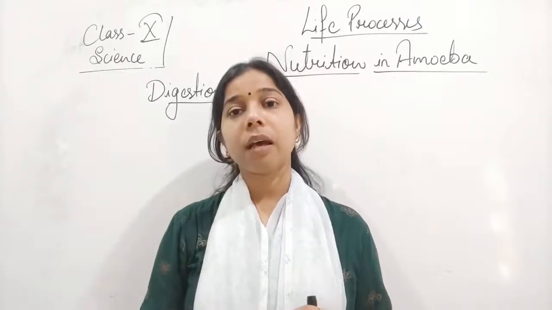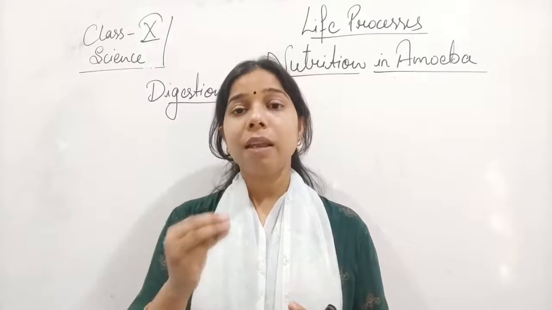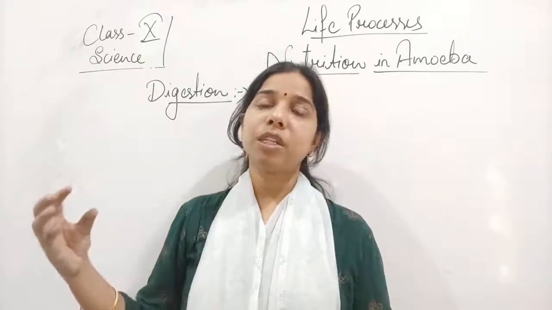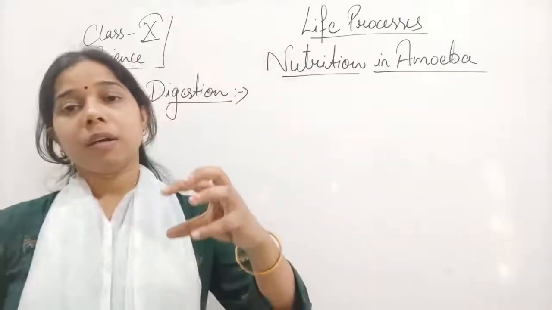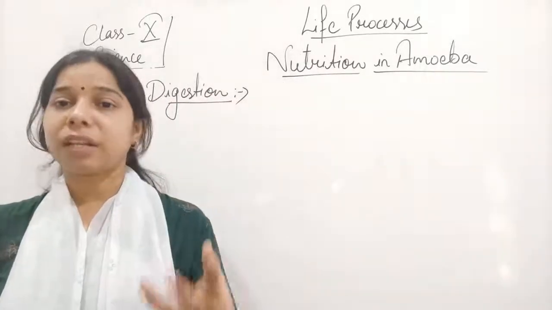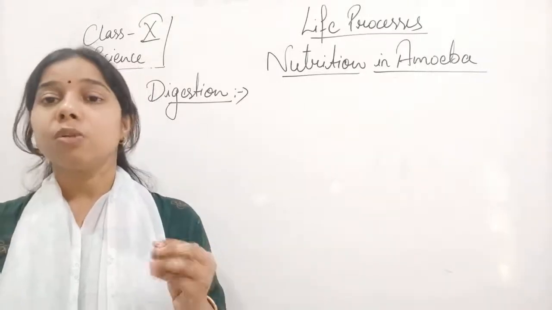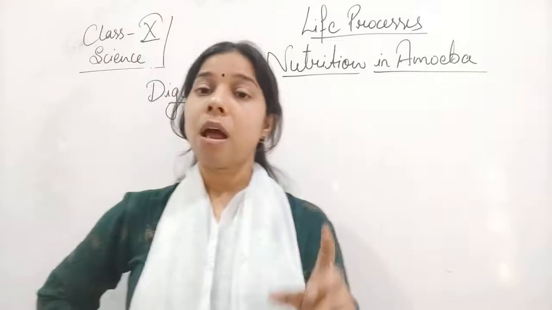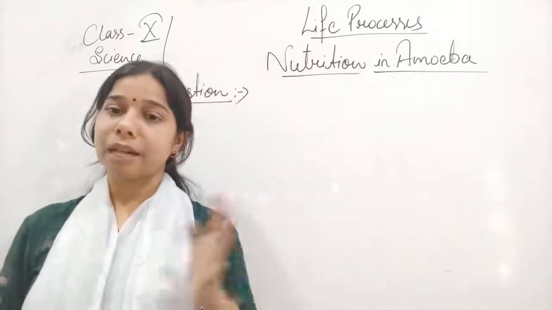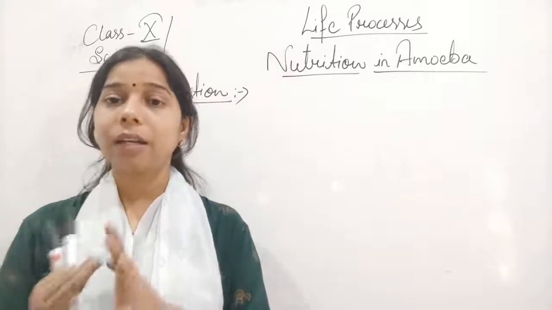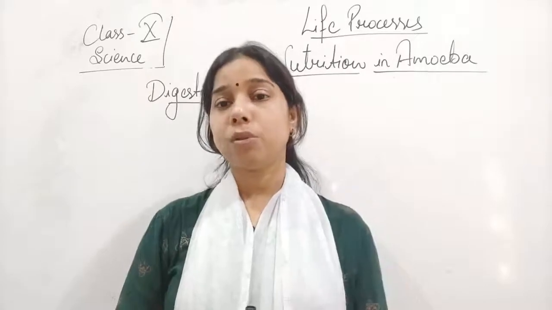So there is a formation of a vacuole around it which will help in providing the digestive juices. It is basically there to protect the food particle. So the food is present in the food vacuole, inside the amoeba body.